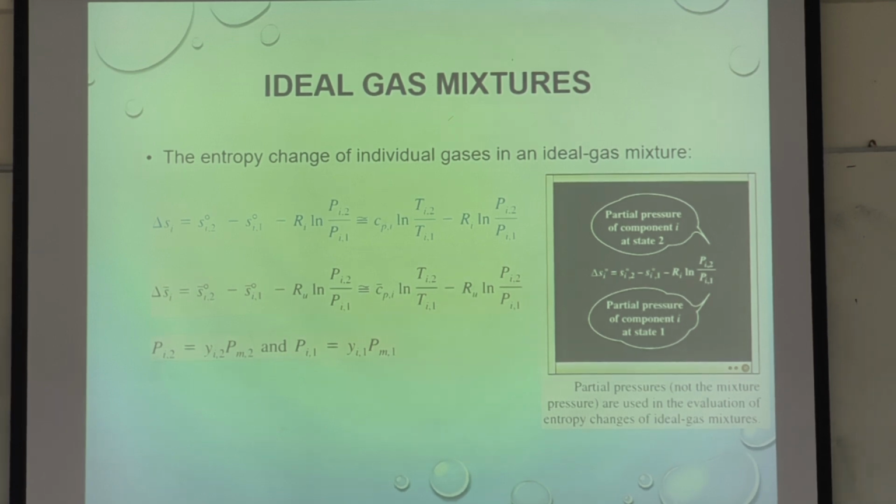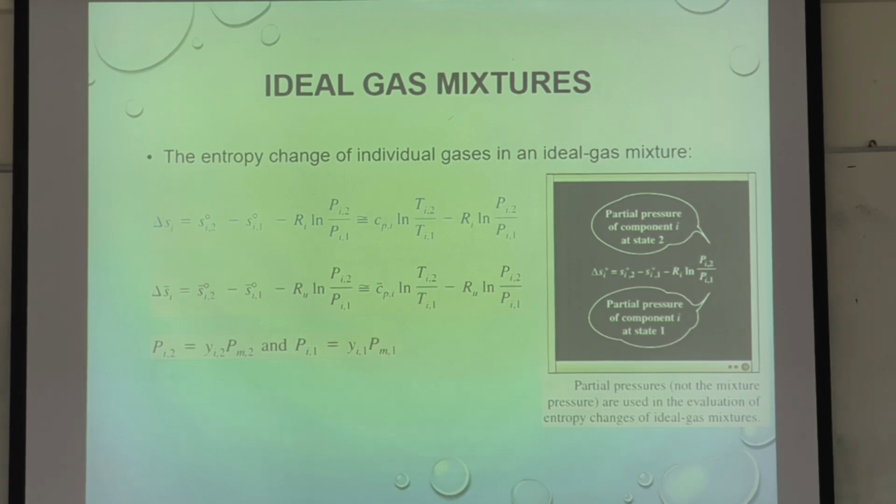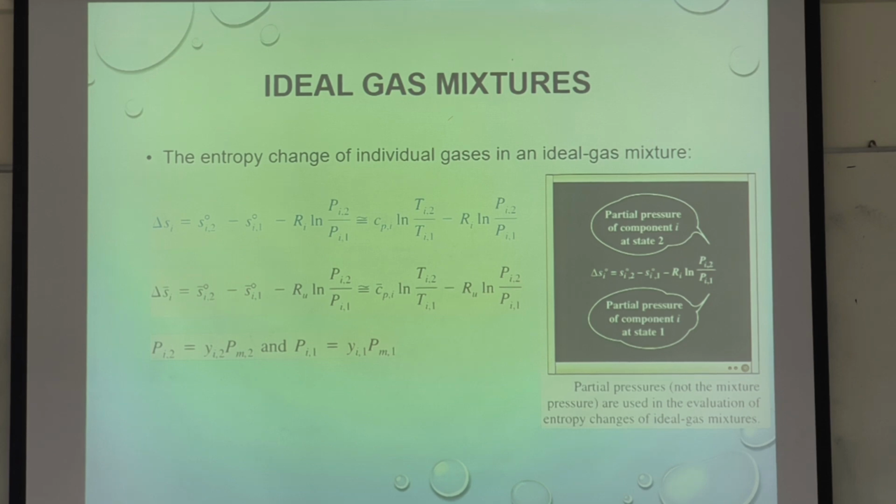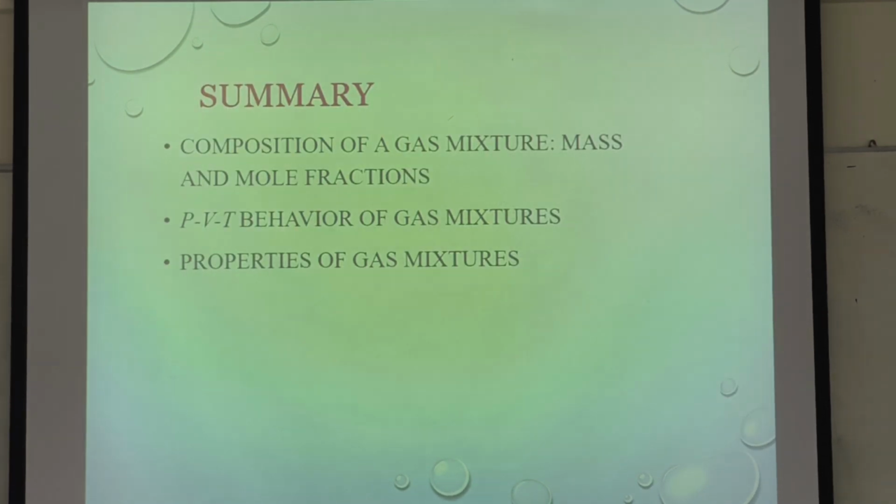The T is also the individual temperature before and after. Like I said, the most that I will ask you to do is take this equation and apply it. That's all. Alright, so for this chapter, pretty much everything that you need to learn, you can learn that.